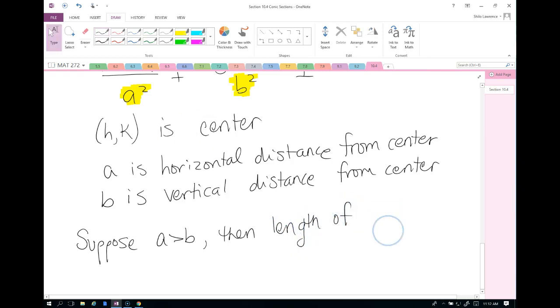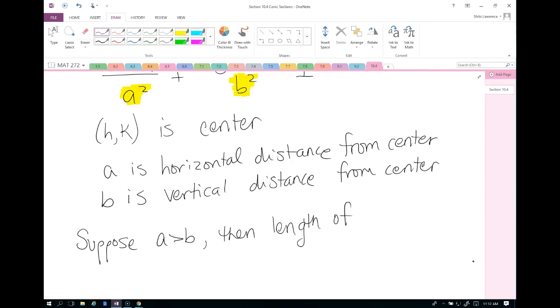That means that this ellipse is going to be longer than it is tall. We're moving farther horizontally than we are vertically. That means the horizontal axis is our major axis.